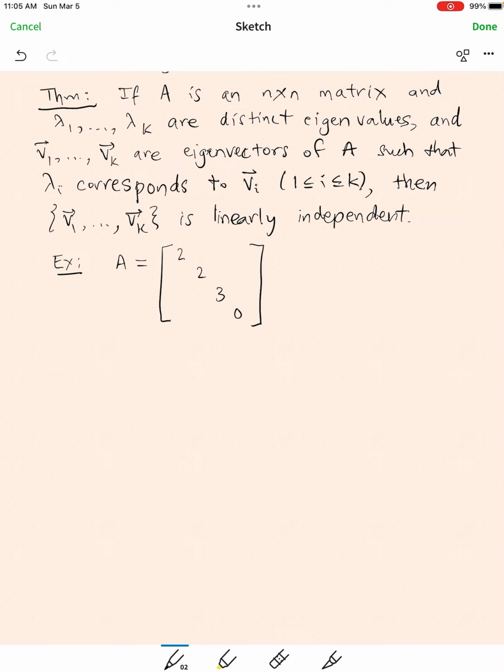Okay, and do you see what the eigenvalues are? Well, yes, of course. The eigenvalues are 2, 3, and 0. And do you see what the eigenvectors are? What's the 2 eigenspace?